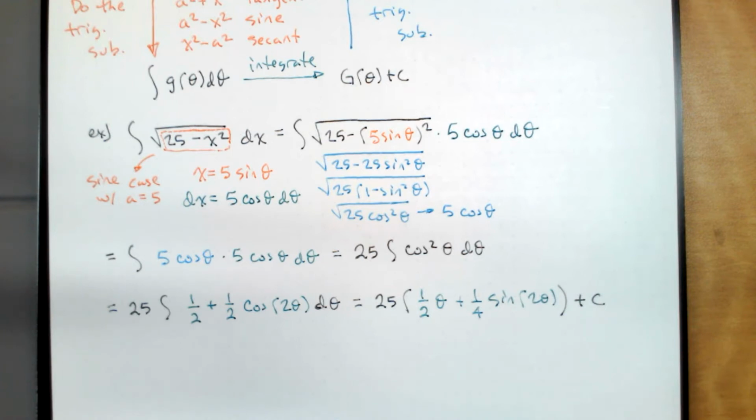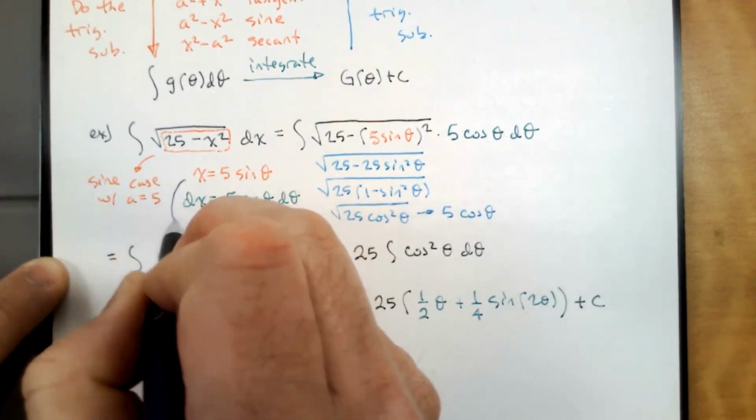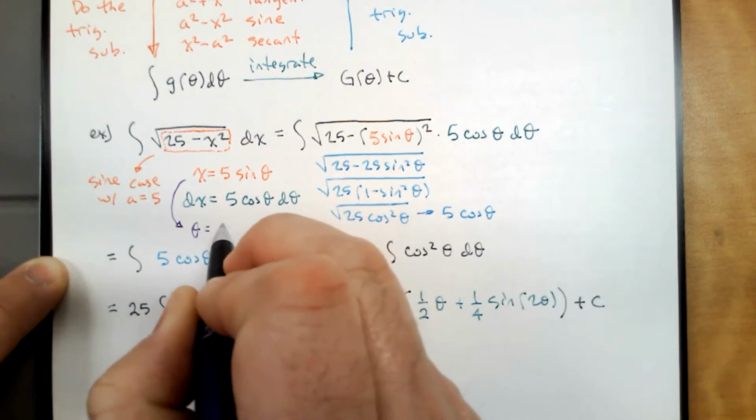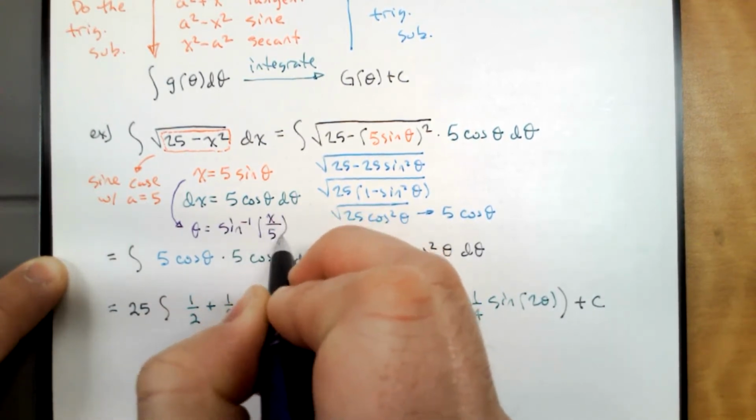And now we've got the new thing for the day. That theta is going to be easy to replace. Notice that we started off this whole process by saying x is equal to 5 sine of theta. So theta is sine inverse of x over 5.